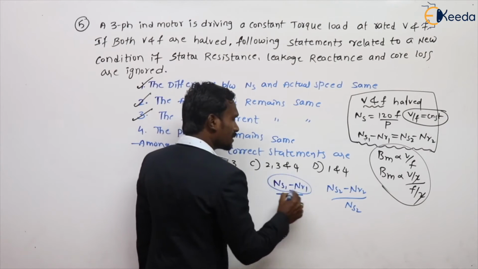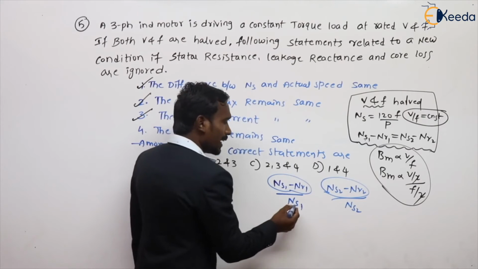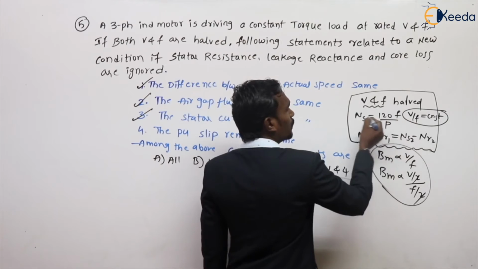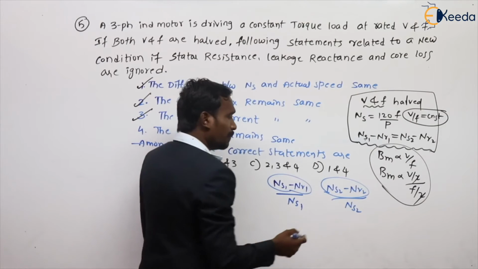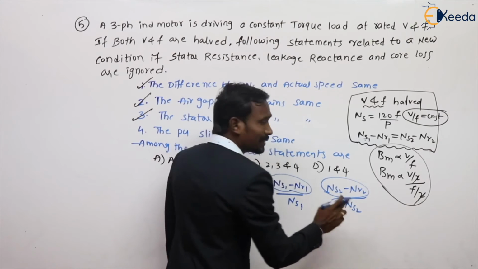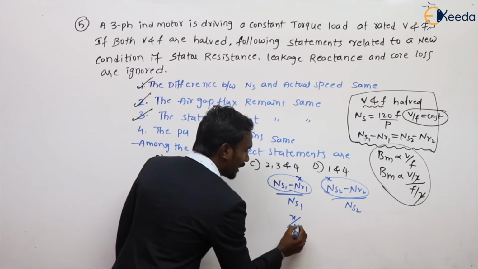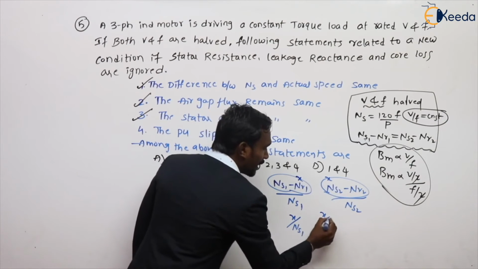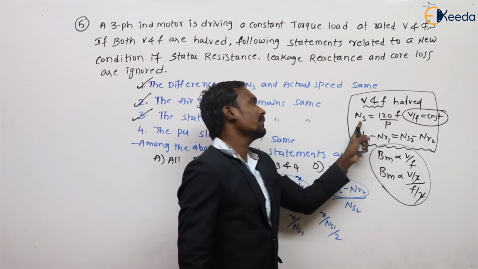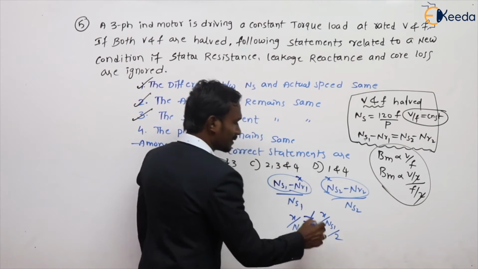The numerators are the same, but the denominators are not: ns1 is different from ns2, because when frequency is halved, ns is also halved. For example, this is x by ns1, but this is x by ns1 by 2. Because when frequency is halved, synchronous speed is also halved. So these two are not the same.